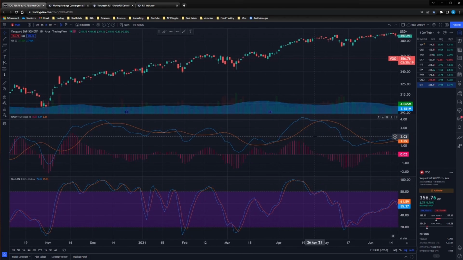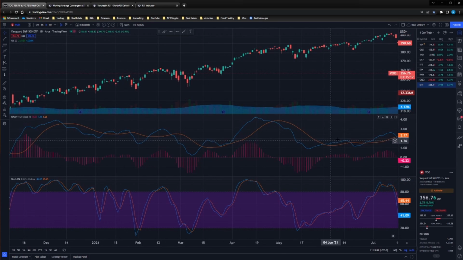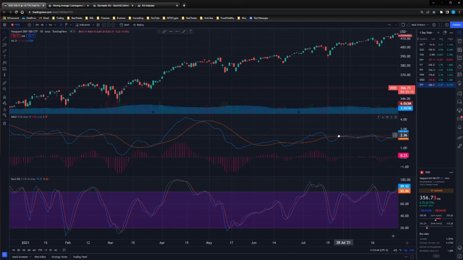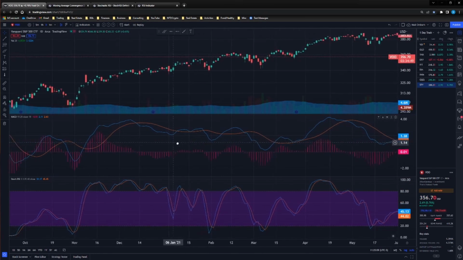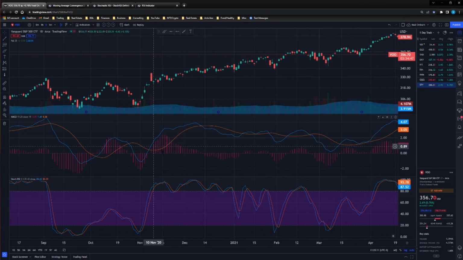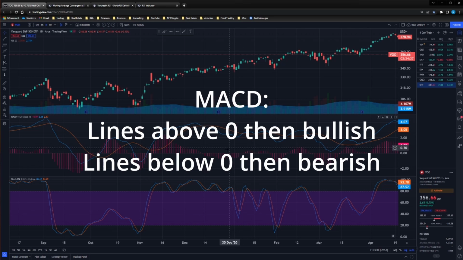So if I just scroll along here in the timeline, we'll see the lines stay in the bullish direction, okay? So that is typically how I like to see and use the MACD. Whatever side of the zero line it is, it lets me know the greater trend of the market. If the lines are below the zero line, I would expect the market is trending in the bearish direction, okay?